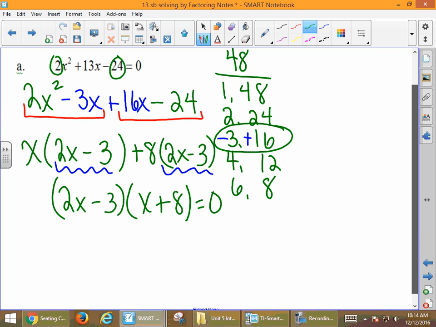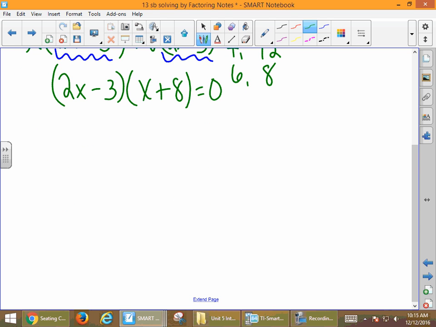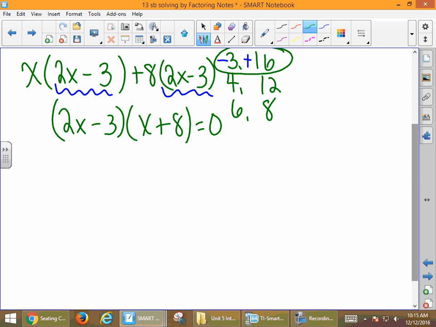And today, instead of just factoring, we need to solve our quadratic, and that's going to require us to take each factor and set it equal to 0. 2x minus 3 equal to 0. X plus 8 equal to 0. Well, when we solve, we'll add 3 to both sides.